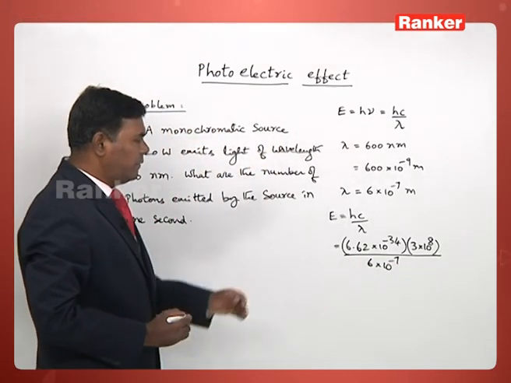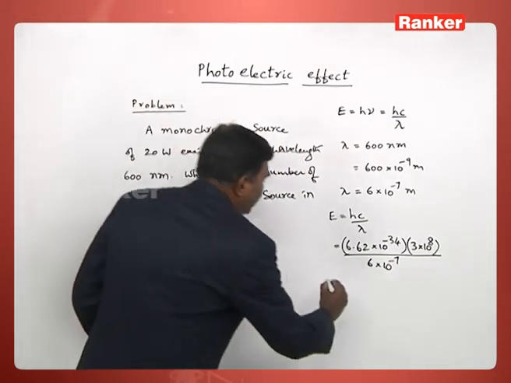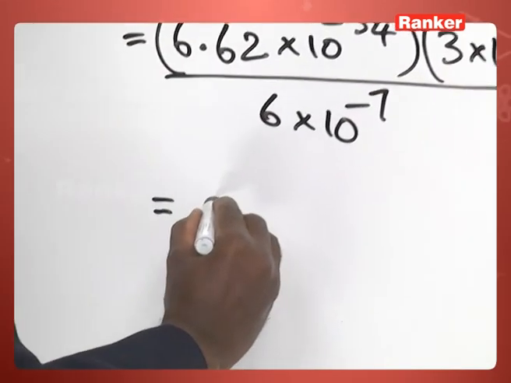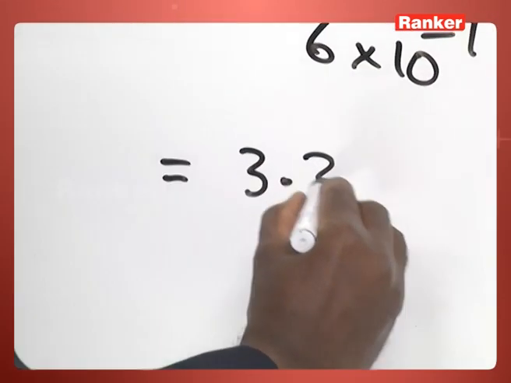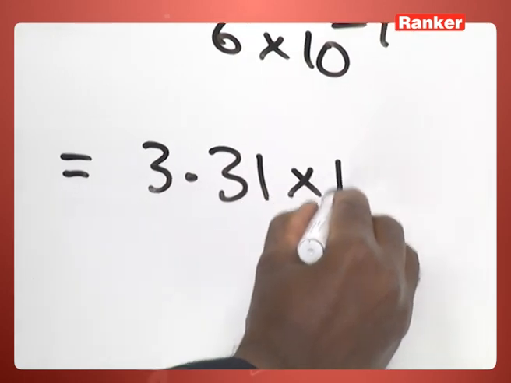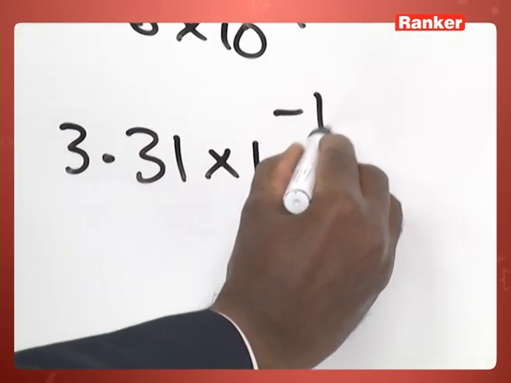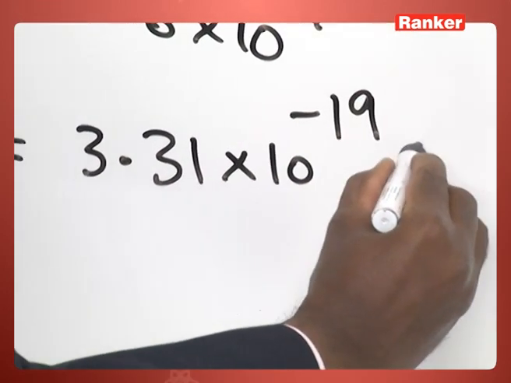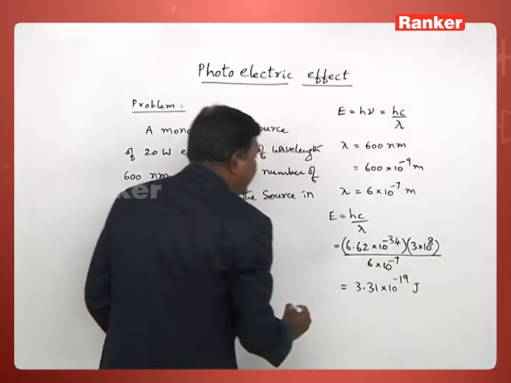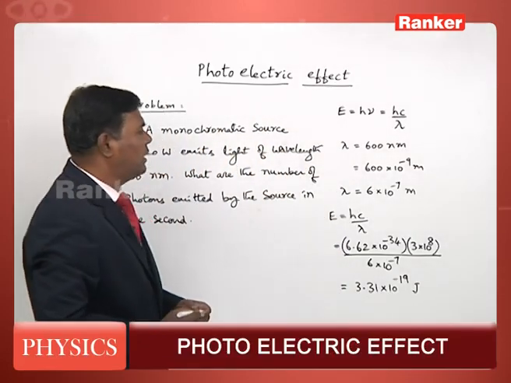Now, if you simplify that, we will get the energy of each photon as 3.31 into 10 power minus 19 joules. That is the energy contained by each photon in the radiation.